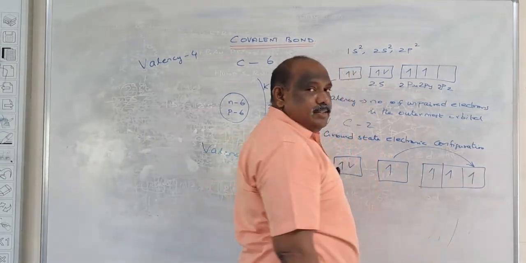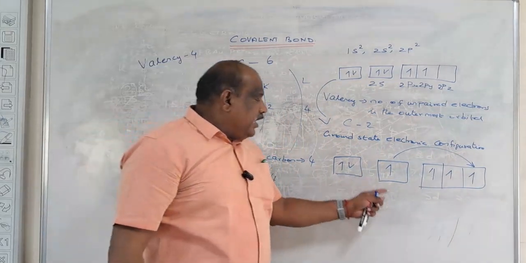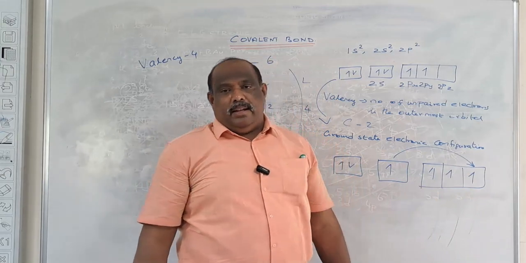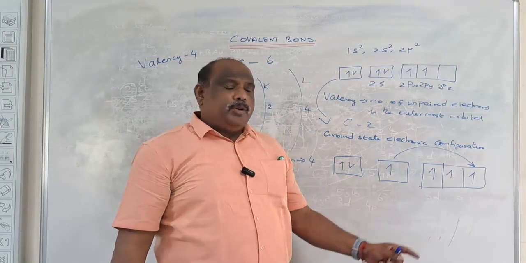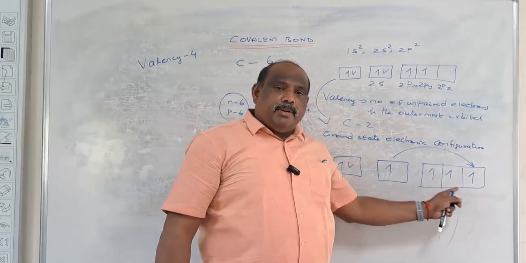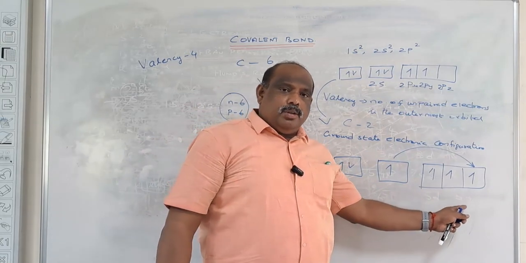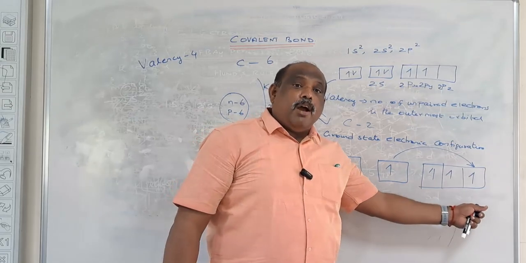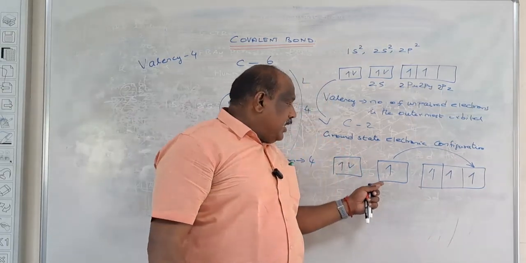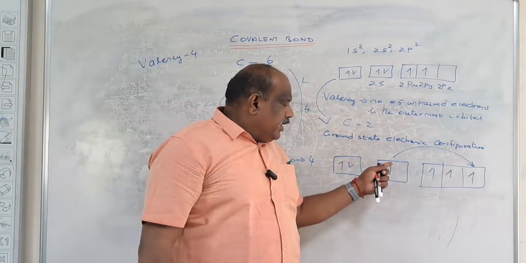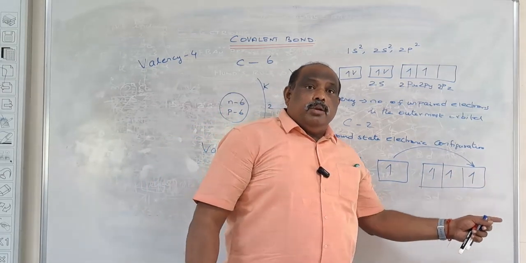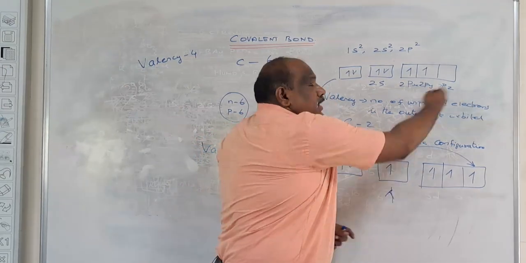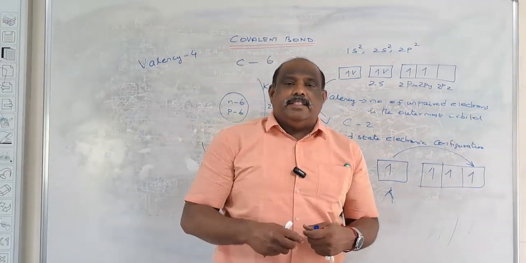Does the 2p orbital have more energy or less energy compared to s? It will surely have more energy. So is it possible to transfer one electron from 2s to 2p? No, not without extra energy. When it gains some energy, then it can be pushed.